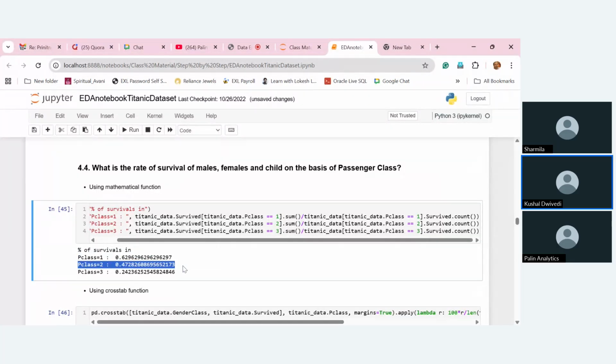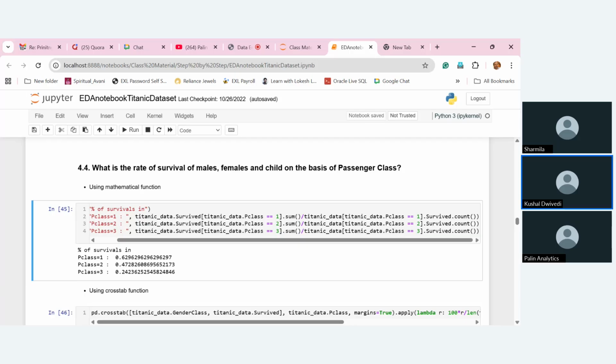Passenger class two has 47% survival chances, and passenger class three has only 24%. So you can see again, if the passenger class is higher, it has higher chances of survival. Passenger class one has almost 63% of passengers survived.